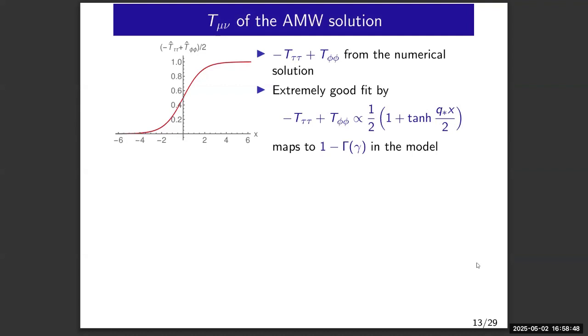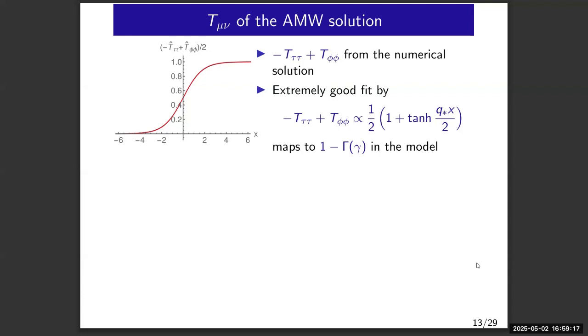And here I plot a specific combination of the energy momentum tensor in the time and in this compactified space direction. I have normalized it in such a way that it goes from 0 to 1, but this essentially characterizes the variation of the energy density when you go from one side of the domain wall to the other.